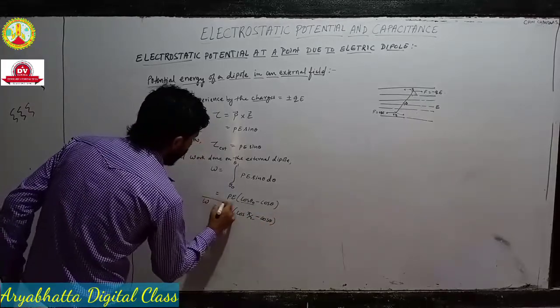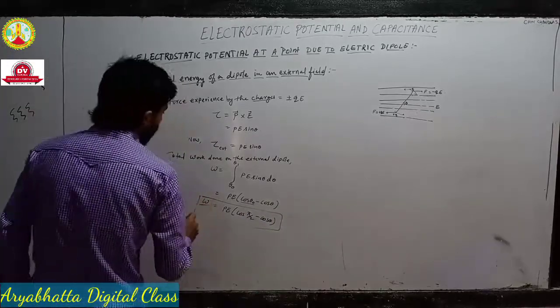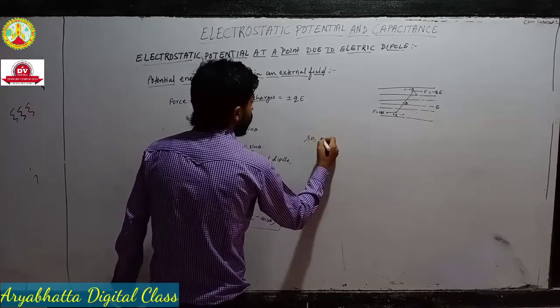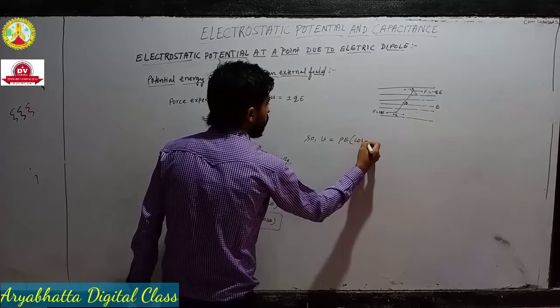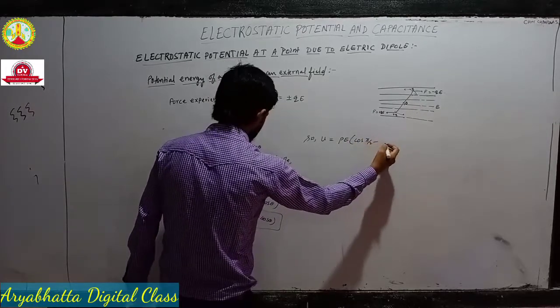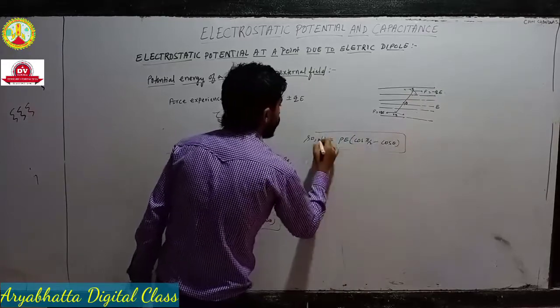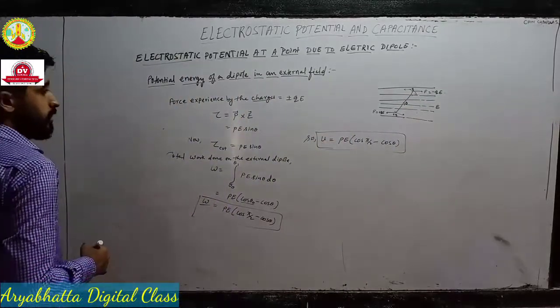So this will be your expression for work done. And we know if work done is this, then potential energy must be equal to this only. So U will be equal to PE times cos of pi by 2 minus cos of theta. This is your expression for the potential energy of a dipole in an external field.